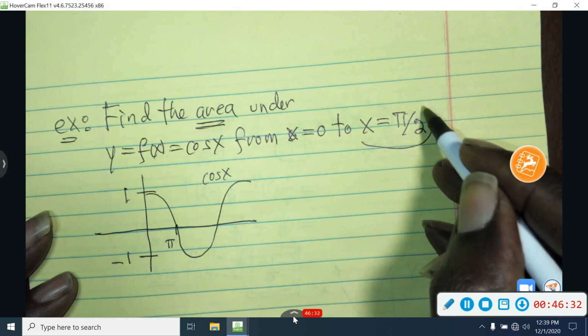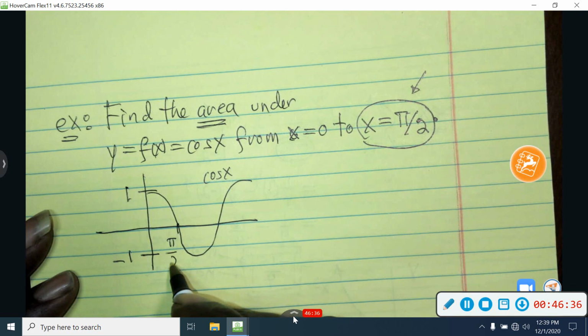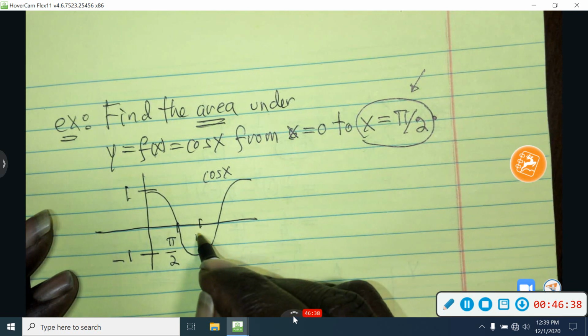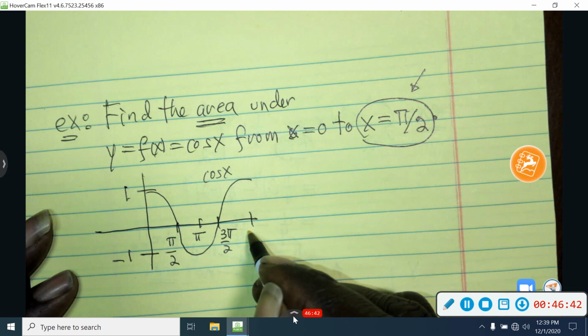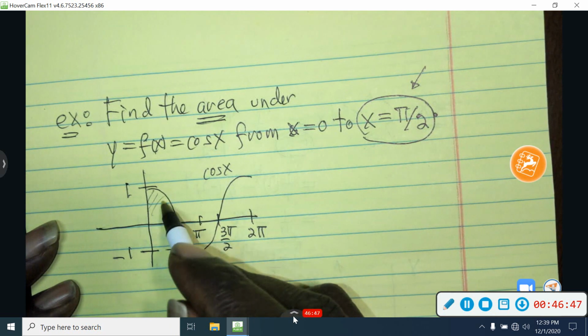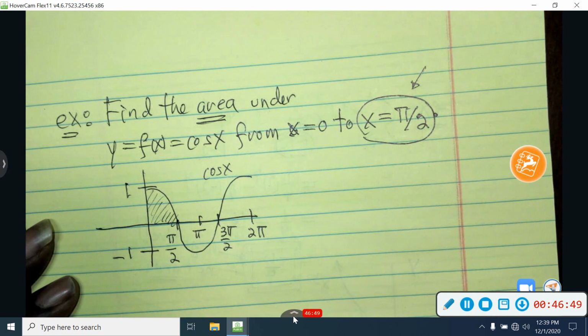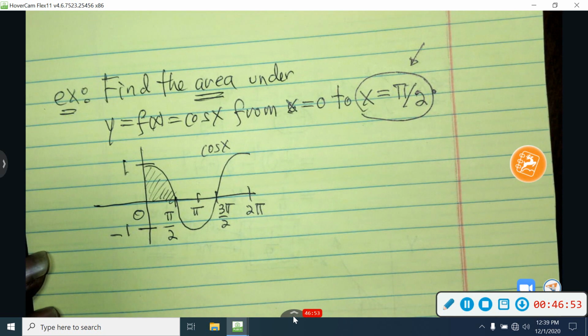So let's change it to pi over 2 here. Okay? So if you look at pi over 2, it's right here. Here's pi, it's -1, it's 0 at 3 pi over 2, and it's back to 1 at 2 pi. The cosine of 2 pi is 1. And so if you look, it really is positive over this interval, 0 to pi over 2. So we know we're going to get area this time, not just a number.